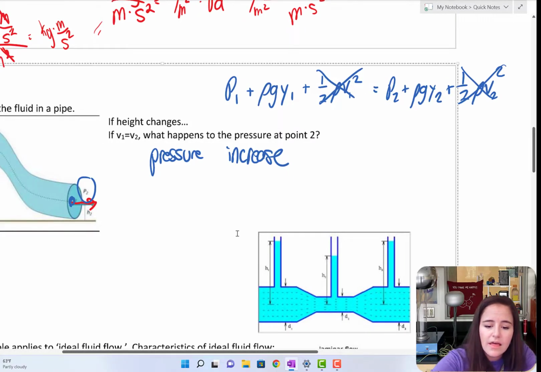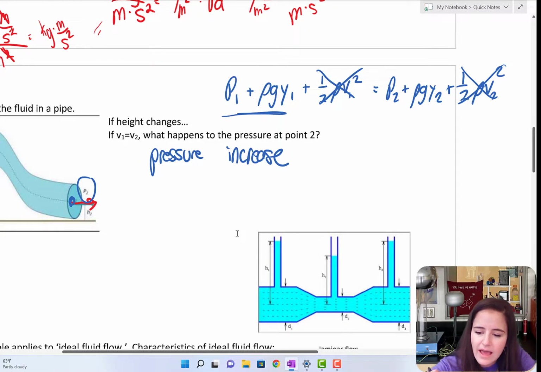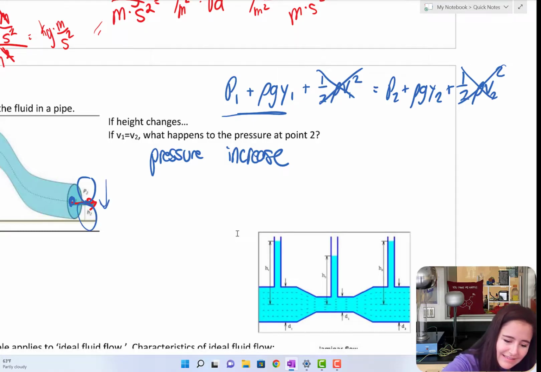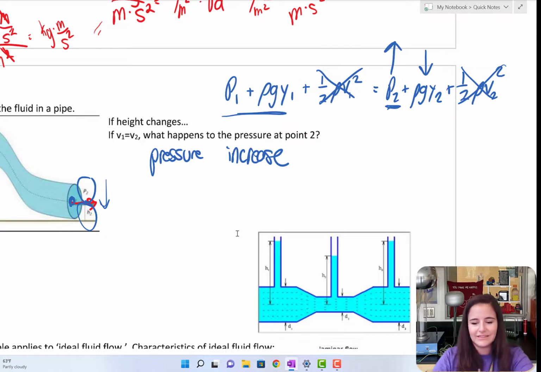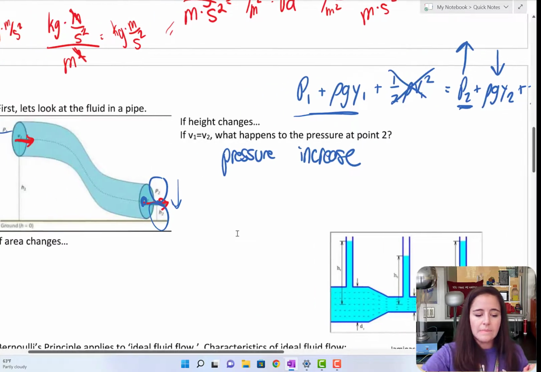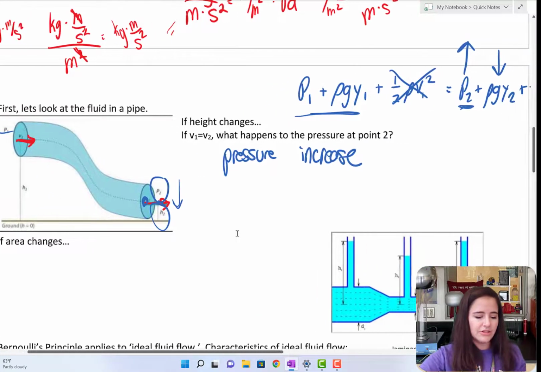So if this is our starting one, and then our height, y2, is less than height 1, this term would decrease, which would cause the pressure to increase. Okay, cool. But what if the area changed?